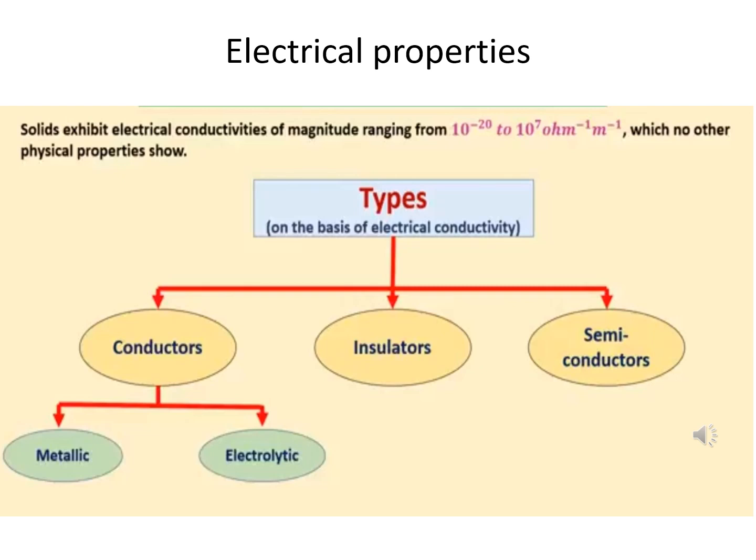And conductors are further divided into metallic conductors and electrolytic conductors. So mostly solids show electrical conductivities in the range of 10 raised to power minus 20 to 10 raised to power 7 ohm per meter.